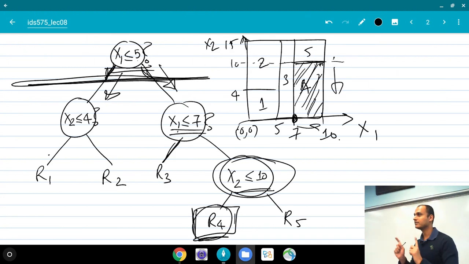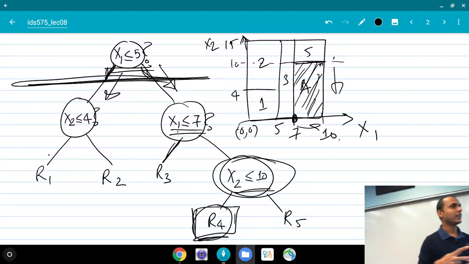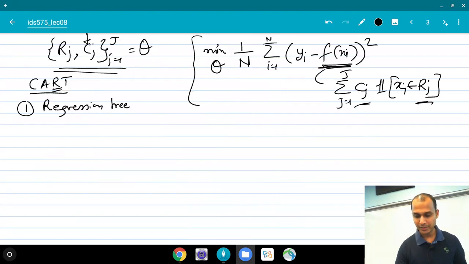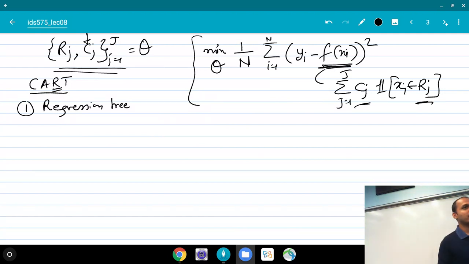You saw the inequalities in the previous slide. They're only involving one variable, which means that either I pick x1 and look at whether it's greater or less than something, or I look at x2 and check whether it's greater or less than something. So in this version of the tree building process, I'm only going to look at whether any of the decision variables is greater or less than something. All I need to figure out is which decision variable.